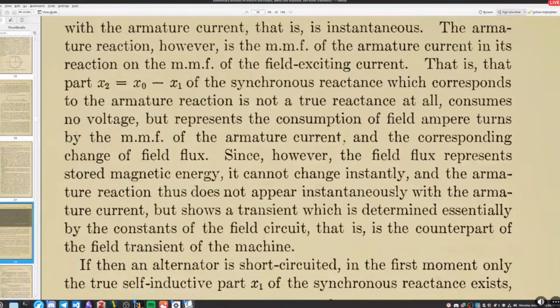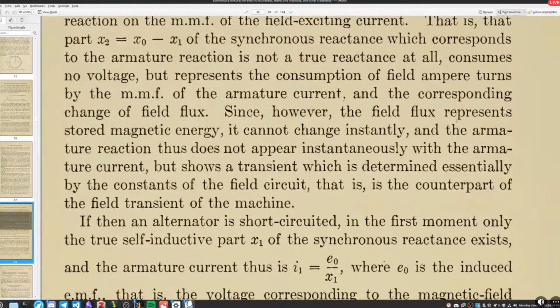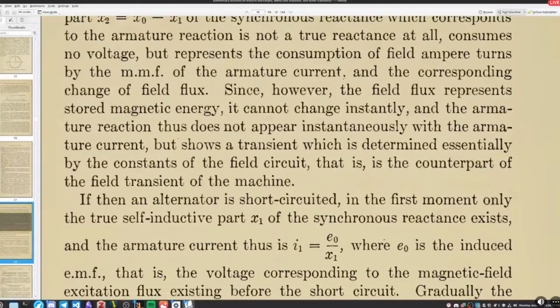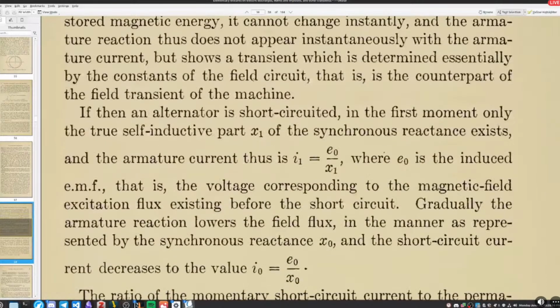Since, however, the field flux represents the stored magnetic energy, it cannot change instantly, and the armature reaction thus does not appear instantaneously with the armature current, but shows the transient, which is determined essentially by the constant of the field circuit. That is, it is the counterpart of the field transit of the machine.